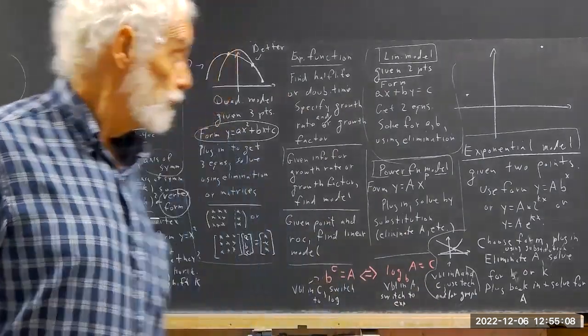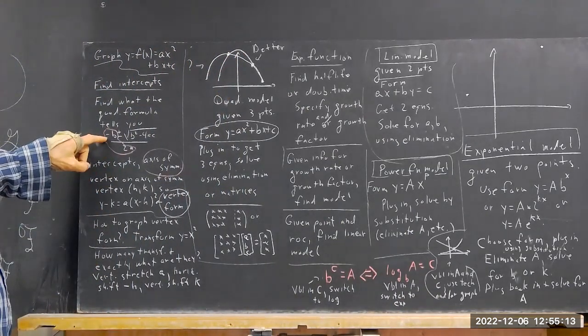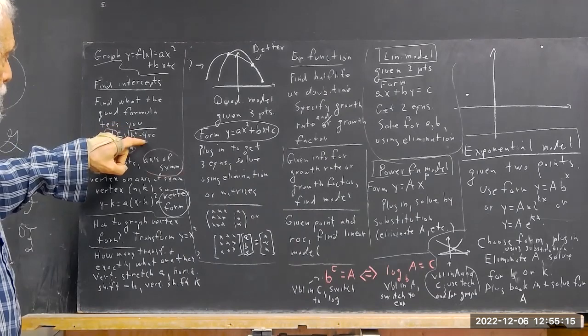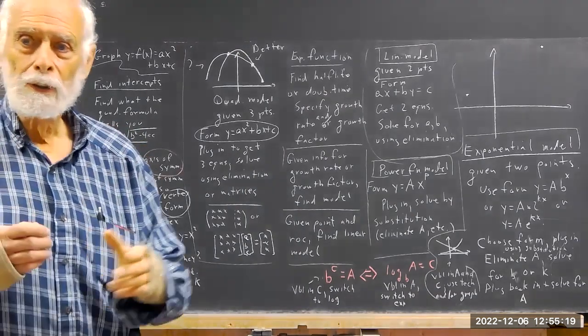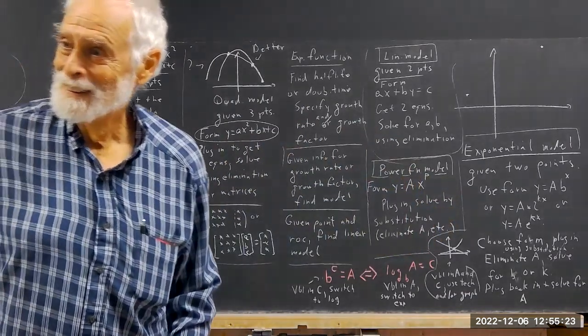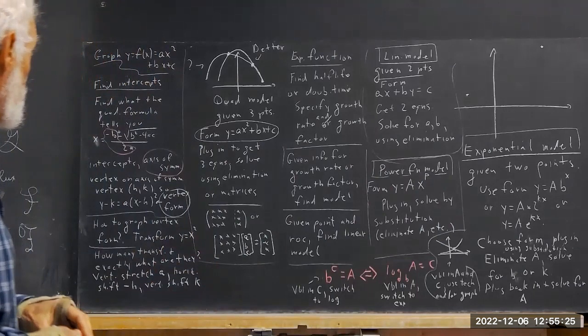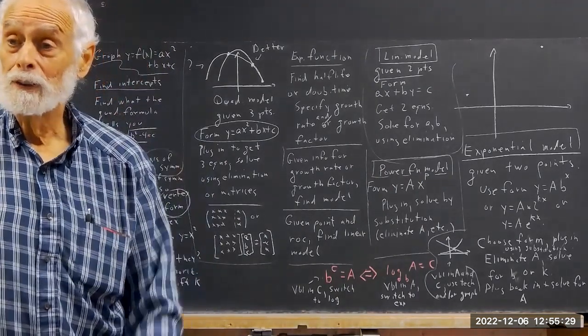Why is it the vertex? It's the vertex because negative b is halfway between negative b plus the square root and negative b minus the square root. Halfway between this plus this and this minus this is this. And halfway between the zeros, that's where your axis of symmetry has to be.